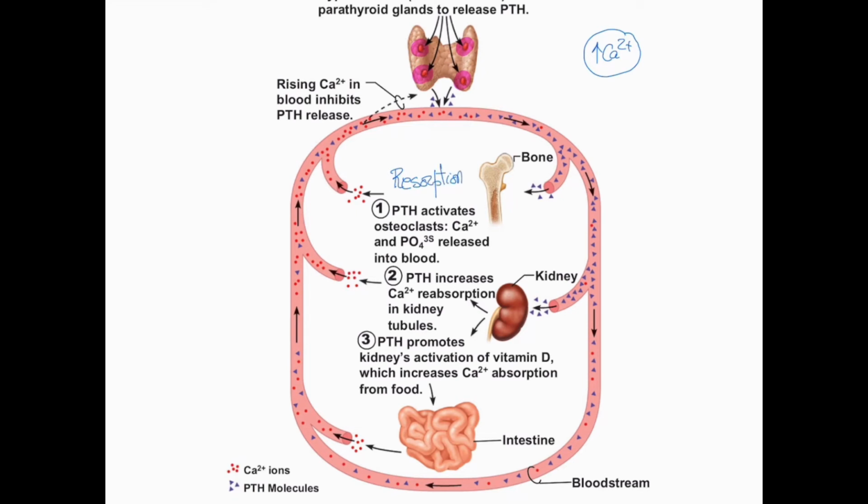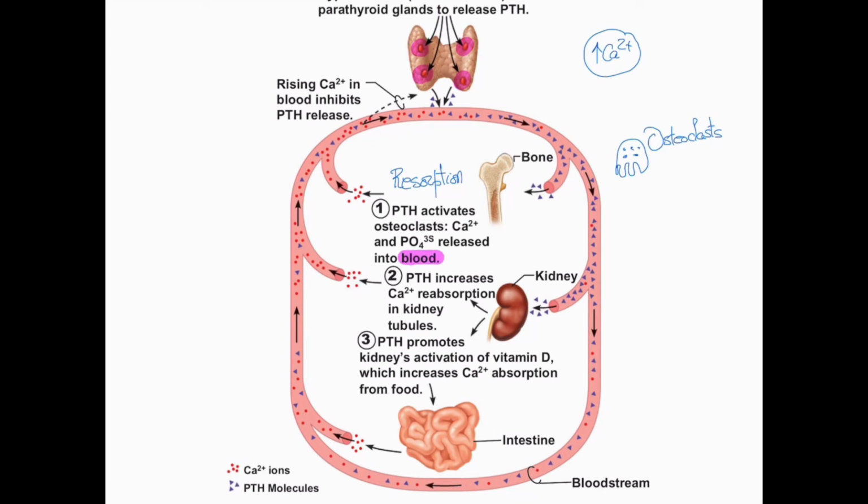And remember, resorption of the bone means you're breaking down the bone tissue to release the calcium. This takes place under the effect of special cells located in the bones. Those are called my osteoclasts.